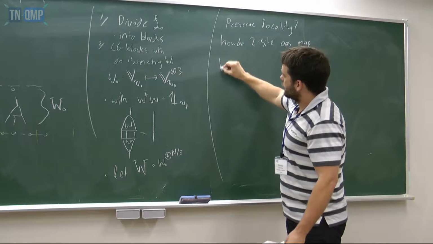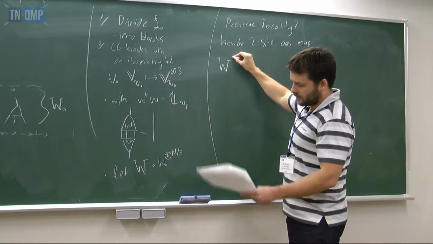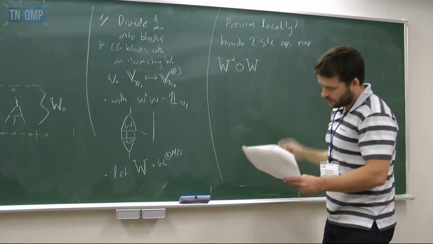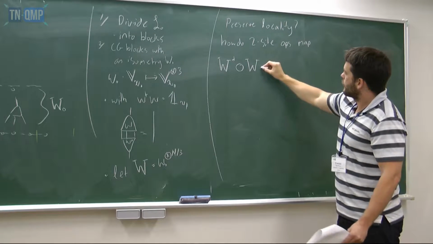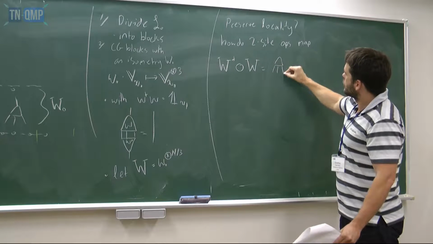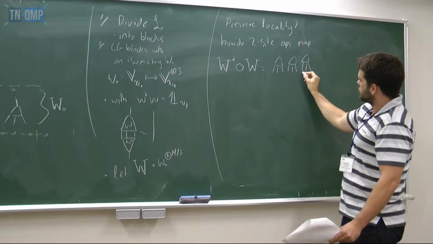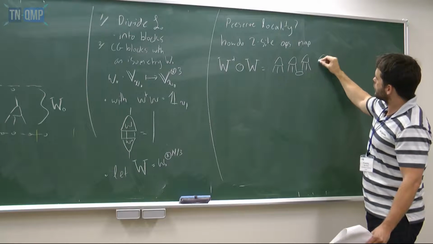So we're looking at big W dagger acting on some local operator O. So imagine our local operator is here.